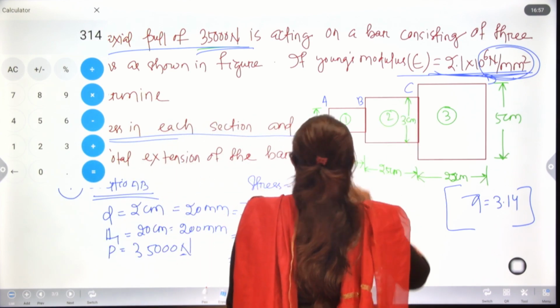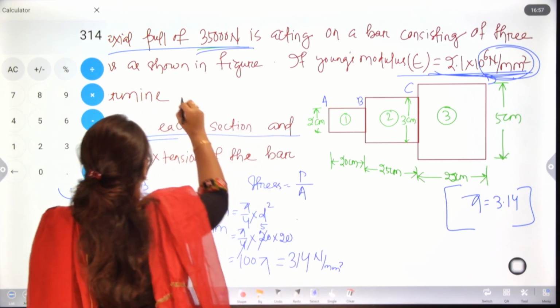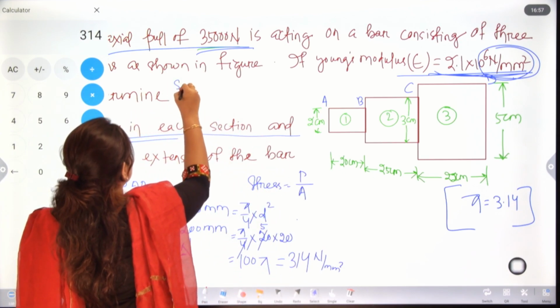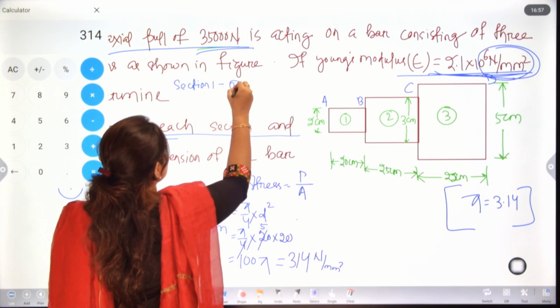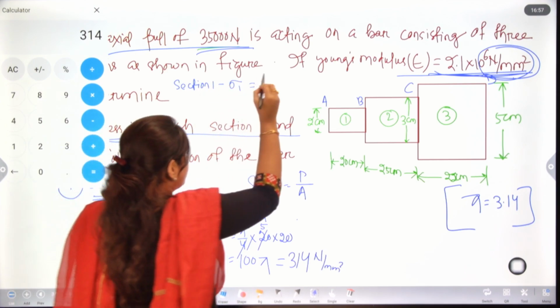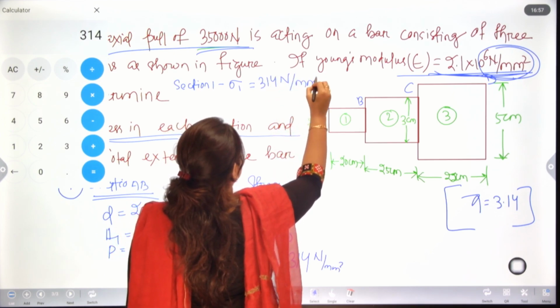Like that we will calculate for section BC. We will write here for section 1, stress 1 equals 314 Newton per mm square.